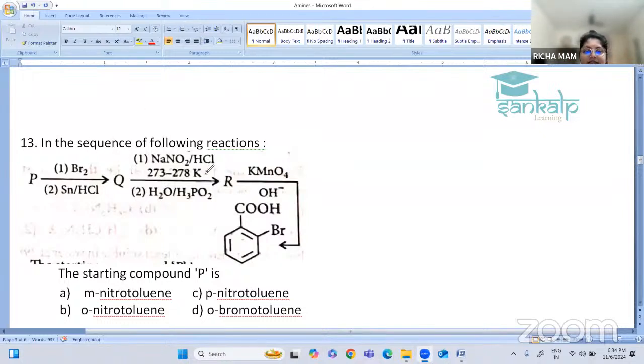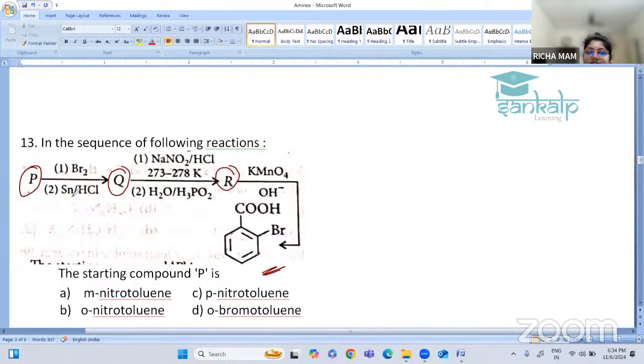So here a sequence of reactions is given, and on the arrow marks they have given P. We have to find what is P, what is Q, what is R. They have given the final product.